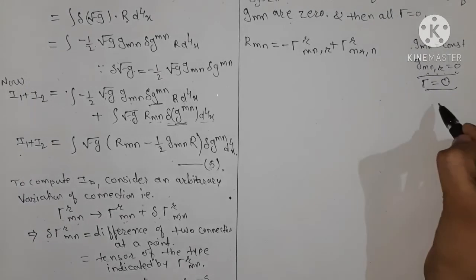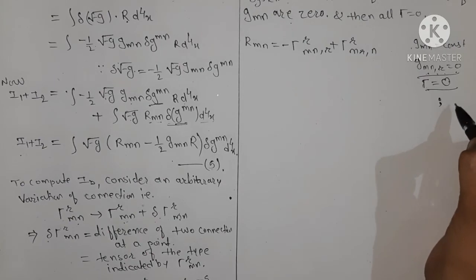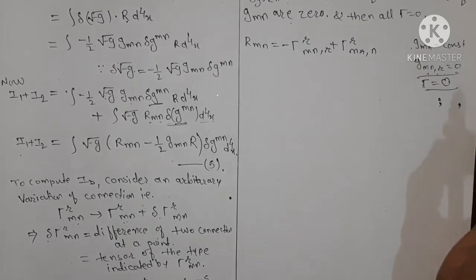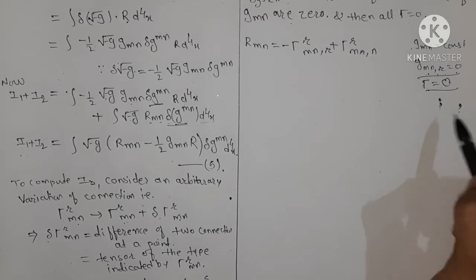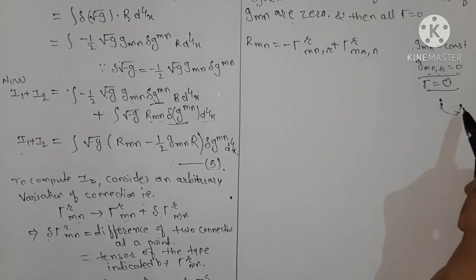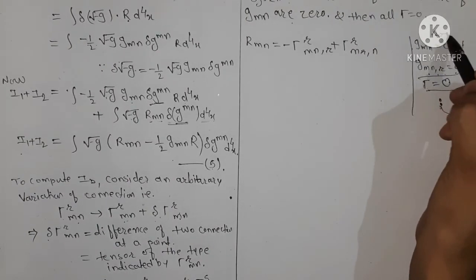Covariant derivative means we are taking the semicolon on that, so this semicolon reduces to the partial derivative, that is simply comma. We take the covariant derivative in the form of semicolon and the partial derivative in the form of comma, right? So this covariant derivative reduces to the partial derivative. We are going to use this, okay?